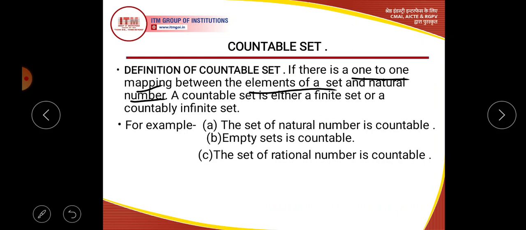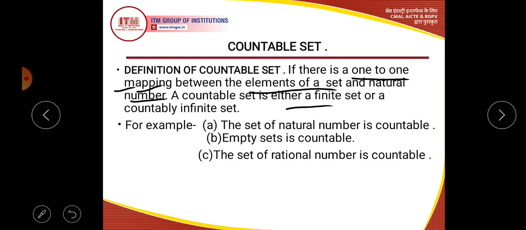Only in that case we can say countable. A countable set is either a finite or countably infinite set.